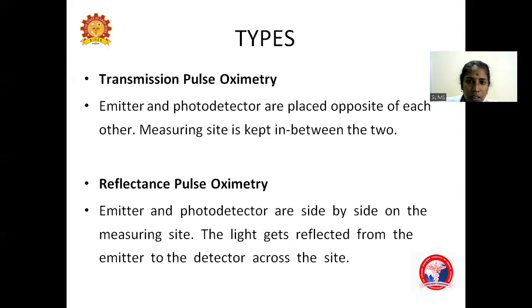The measuring site is kept in between the two. As you all commonly see in our ward and OT, we keep the finger and the pulse oximeter surrounds this. That is, the photodetector is kept below and the emitter is on the nail side. I have shown you the picture previously. So this is the transmission pulse oximeter, and next one is the reflectance pulse oximeter.